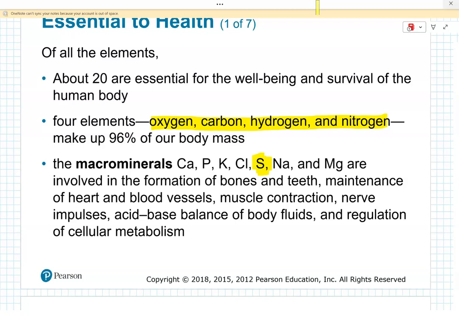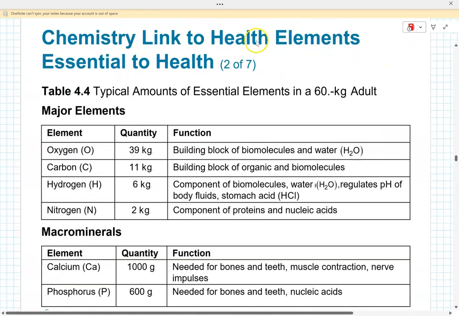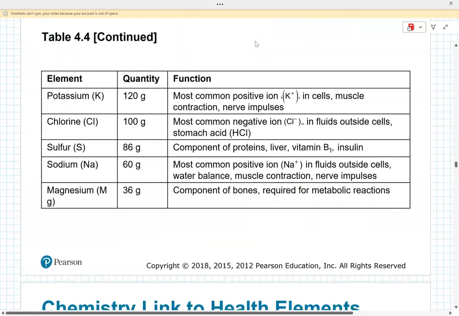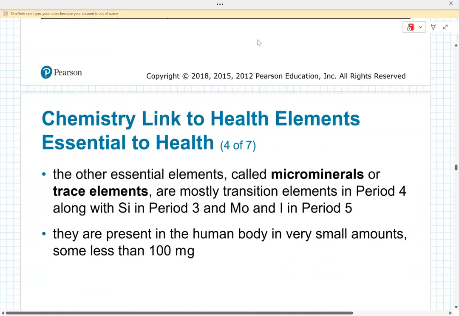You're not going to get away from that, so it's a pretty major one. Macro minerals, yes, indeed. If you don't have them, you're going to die. Again, I would put sulfur into the bigger one. And then there's a bunch of trace elements.